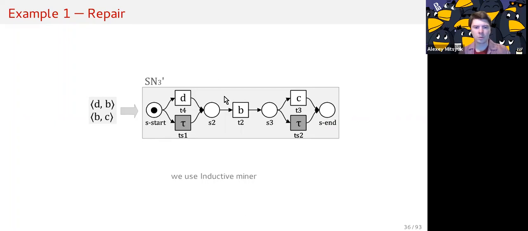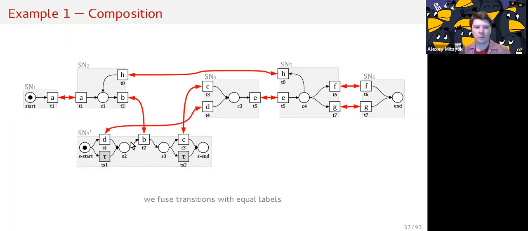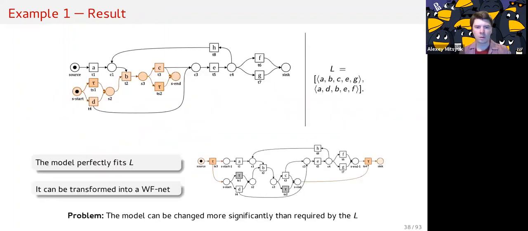For example, here we use inductive miner, and then we fuse transitions with the same labels. At the end, we obtain such a model, and this model perfectly fits the event log. This model, if we want, can be transformed to a workflow net if it is needed.